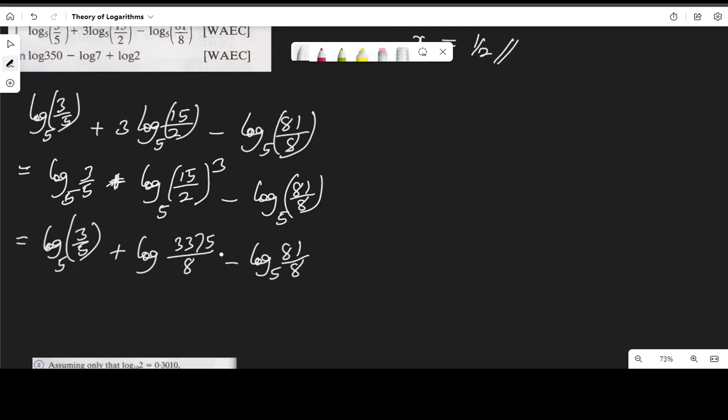Now adding this logarithm will imply we are going to multiply their logarithm.